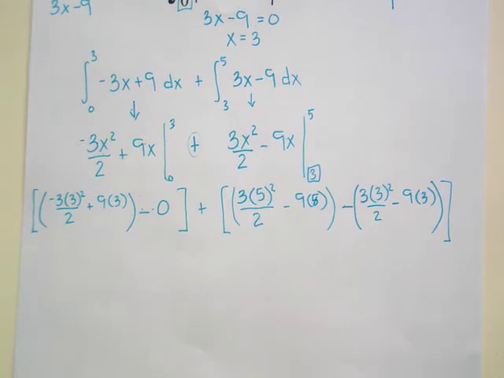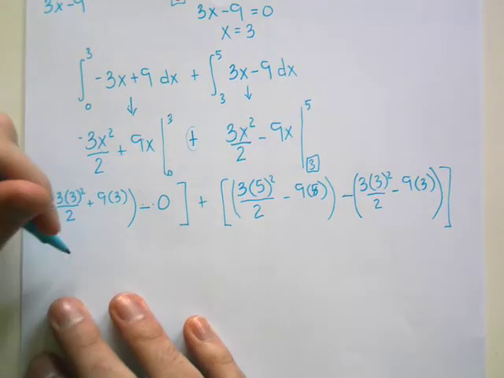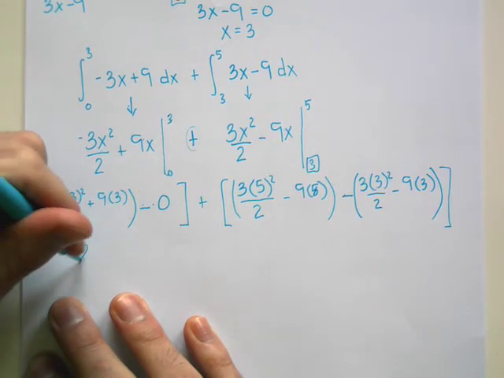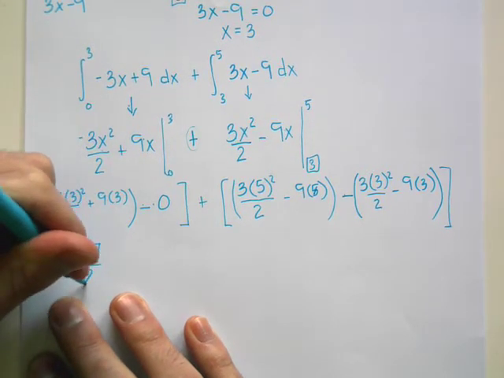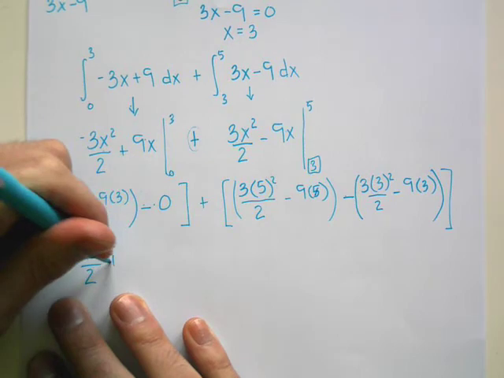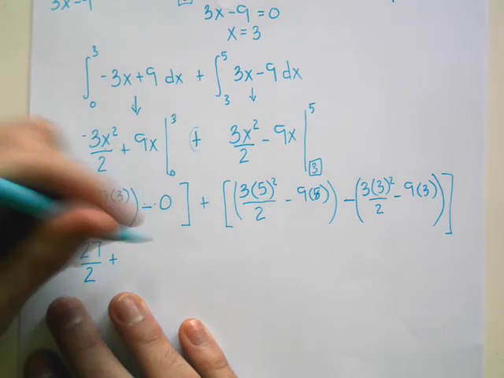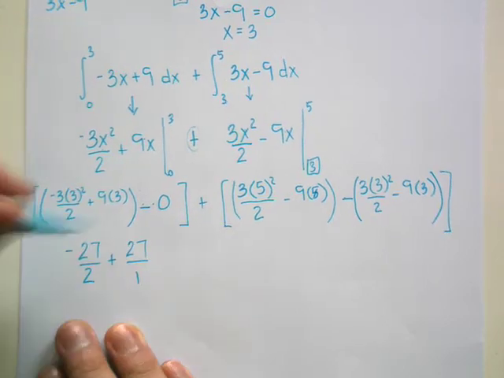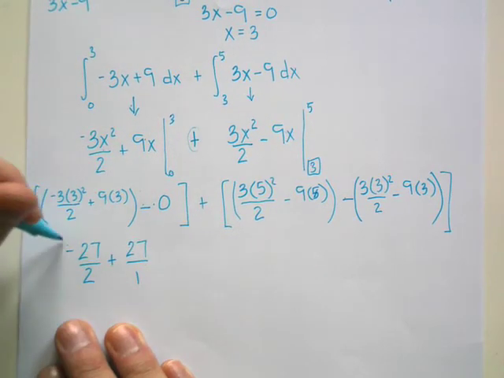Okay? So what's this going to be? This is going to be negative 27 over 2 plus, let's see, this is going to be 27 over 1. Minus 0. I don't need the minus 0.